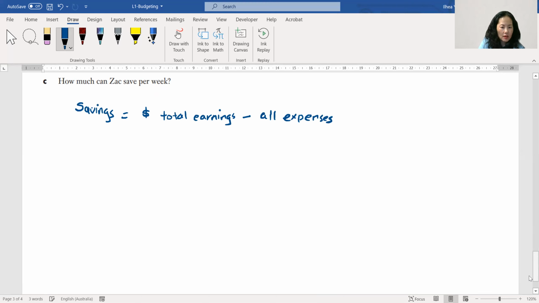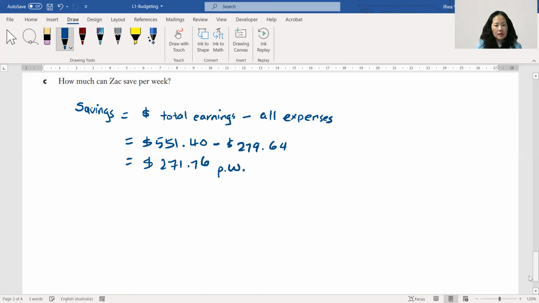So how much was Zach earning? He was earning $551.40. Take away, from the previous question, we got all expenses $279.64. Put it in your calculator, you will get $271.76 per week that he can save.